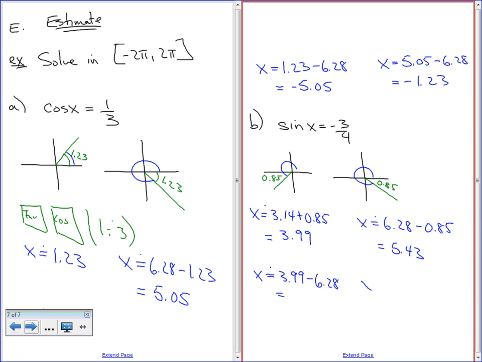And when somebody gets that, you can tell me what that is. And the next one. Thank you. So those are the answers inside of the interval.